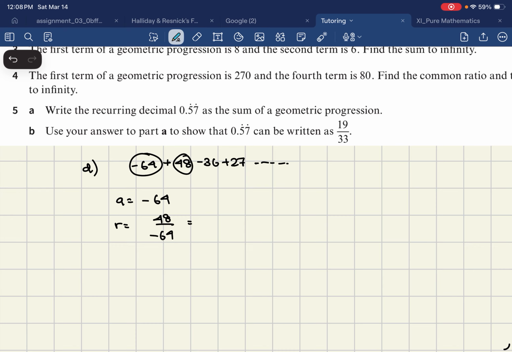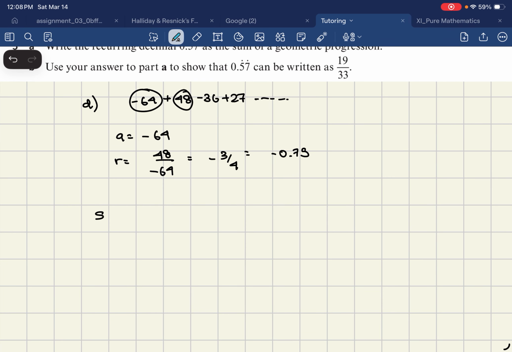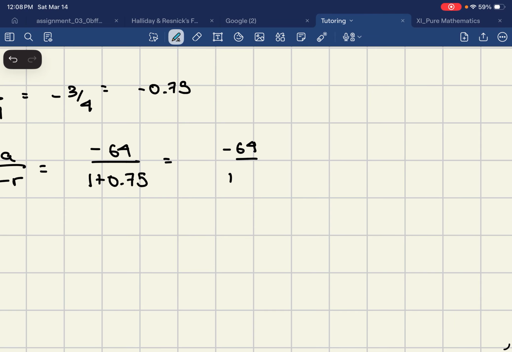So 48 divided by minus 64 is just negative 3 over 4. It's negative 0.75. All right, so our sum to infinity is going to be A divided by 1 minus R. A is negative 64 divided by 1 minus of minus, which is going to be plus 0.75. And this is going to be negative 64 divided by 1.75, right?